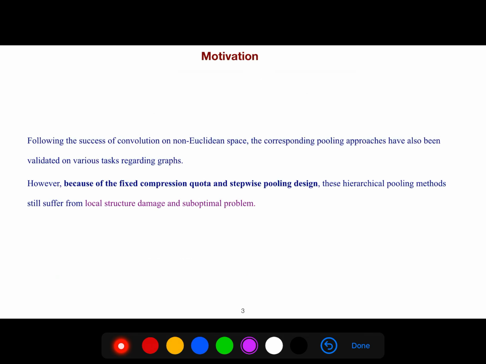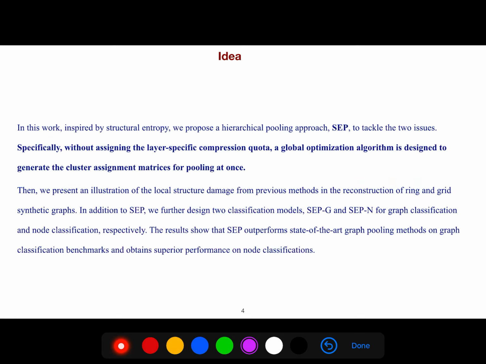Following the success of convolution in non-Euclidean space, the corresponding pooling approaches have also been validated on various tasks regarding graphs. However, because of the fixed compression quota and stepwise pooling design, these hierarchical pooling methods still suffer from local structure damage and suboptimal problems.